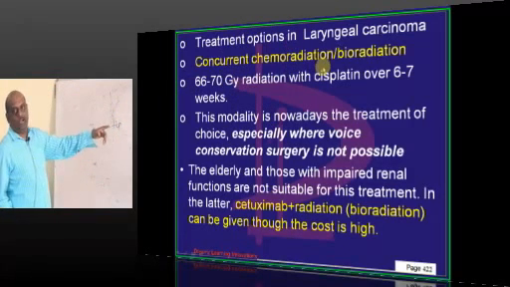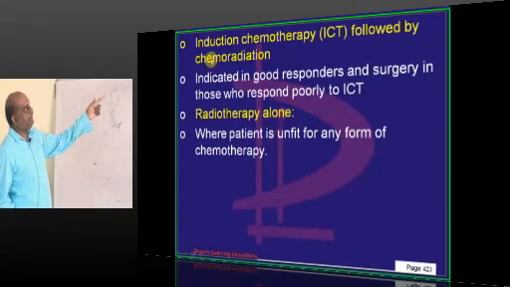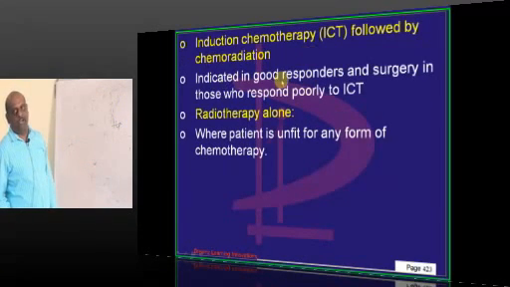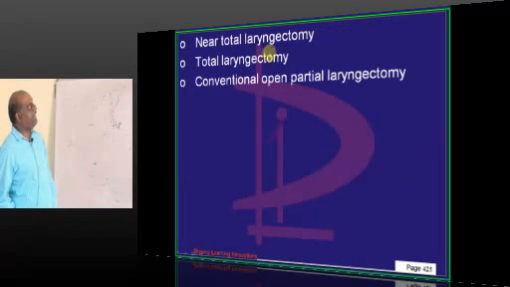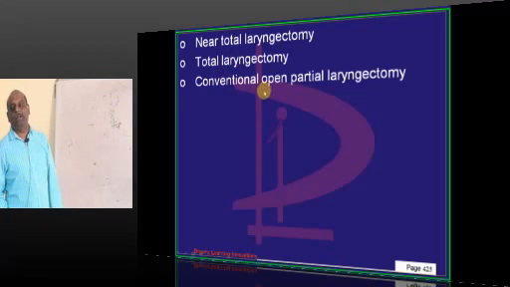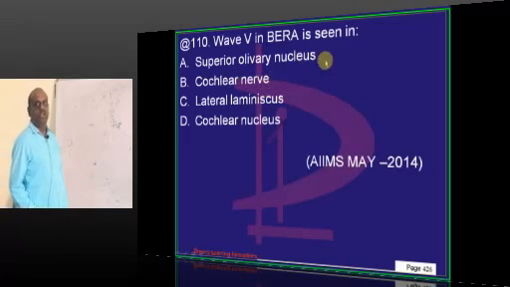You can do concurrent chemoradiation. Then you also have an option of induction chemotherapy followed by chemoradiation or radiotherapy alone, or a supracricoid partial laryngectomy, or near total or total laryngectomy, or a conventional open partial laryngectomy. Each of these, when will you do? According to the staging, you need to review it, doctor.